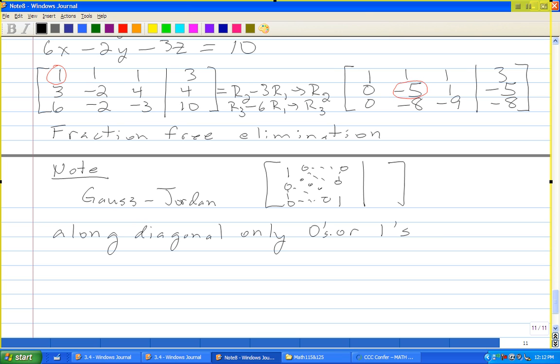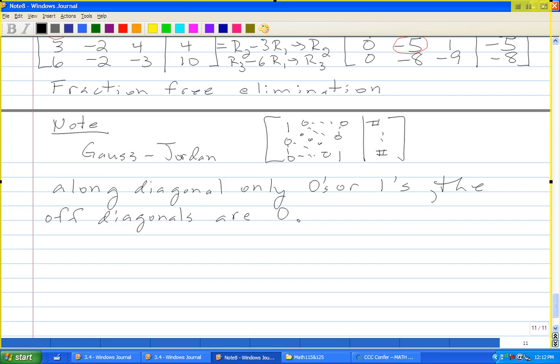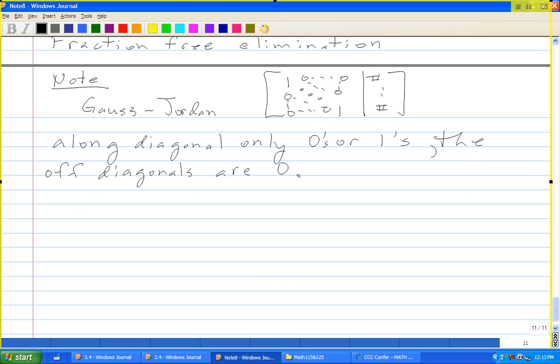Okay. And all the others, the off-diagonals, are zero. And then obviously these are just some numbers. What are they? Okay.